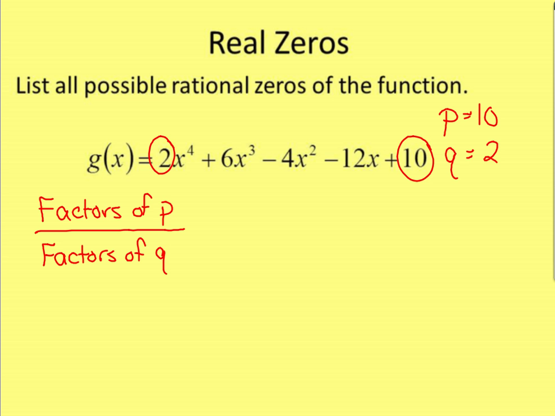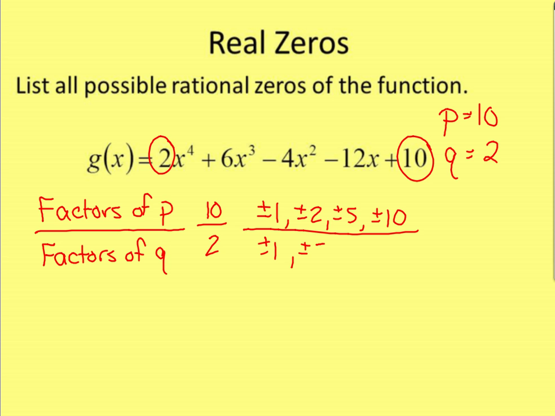Remember, in this case, our p value is 10, our q value is 2, so the factors of 10 are 1, 2, 5, and 10. Our factors of 2 are 1 and 2. And remember, we're dealing with factors. They can be positive values or negative values. This is why we're putting the plus or minus in front of them.